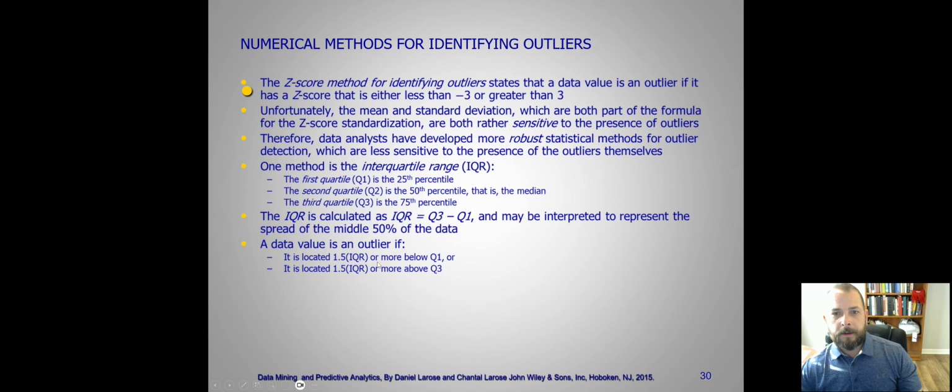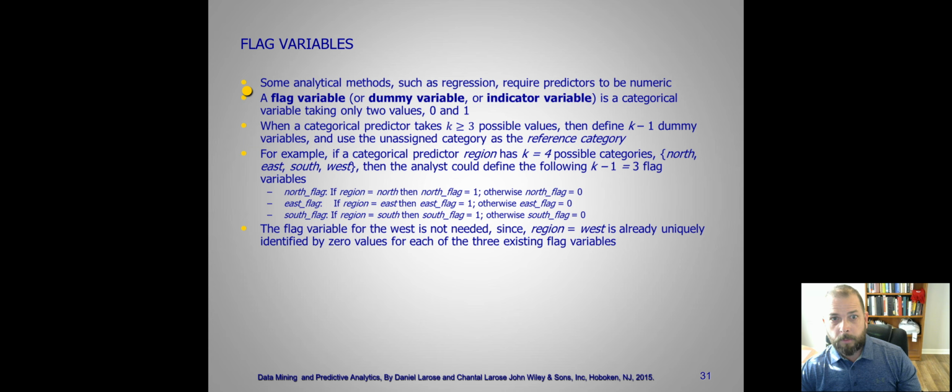And then anything that is above quartile 3 plus 1.5 times the interquartile range is considered an outlier, all right? Or anything below, so these are usually positive or negative, right? Or anything below quartile 1 minus 1.5 times the interquartile range is also considered an outlier as well. All right.